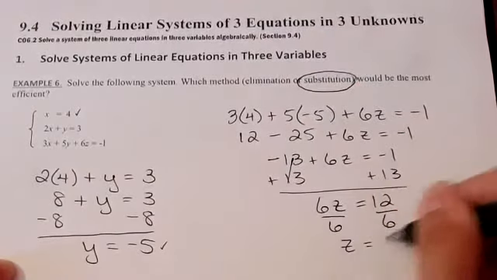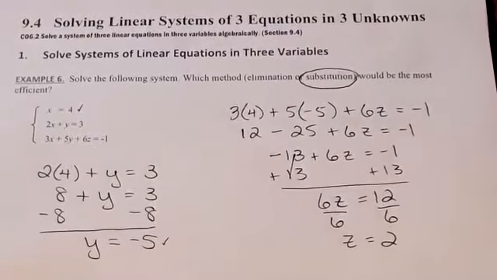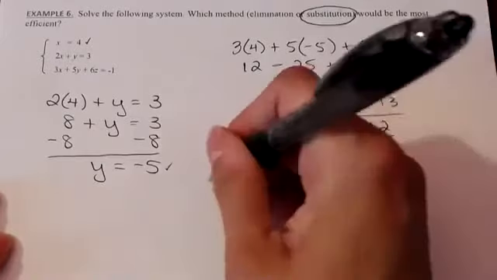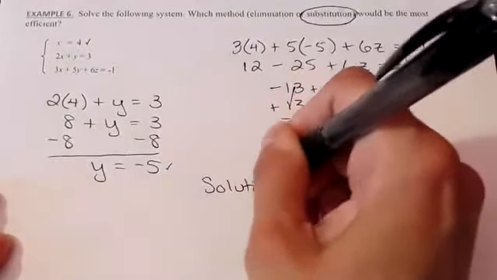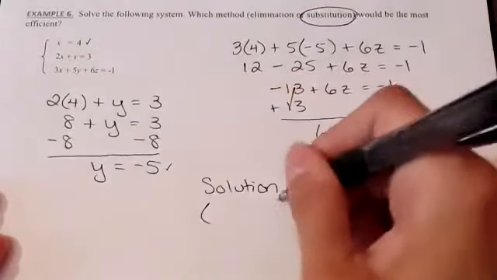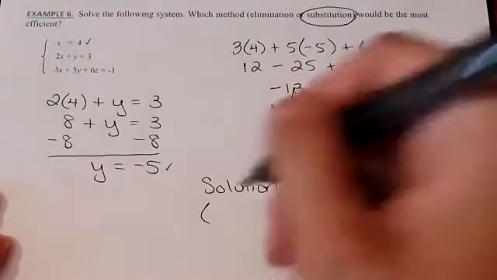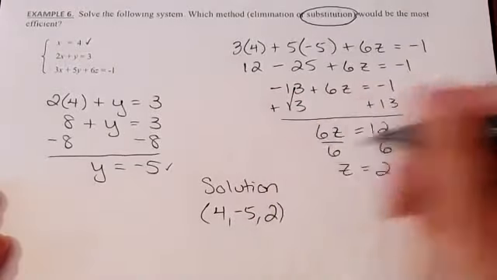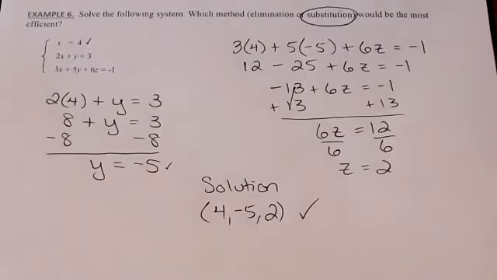So we find that z is equal to 2. We must write our solution this time as an ordered triple. So we have 3 solutions, x, then y, then z. X comes first, then -5 for y, and 2 for z. And there is your solution.